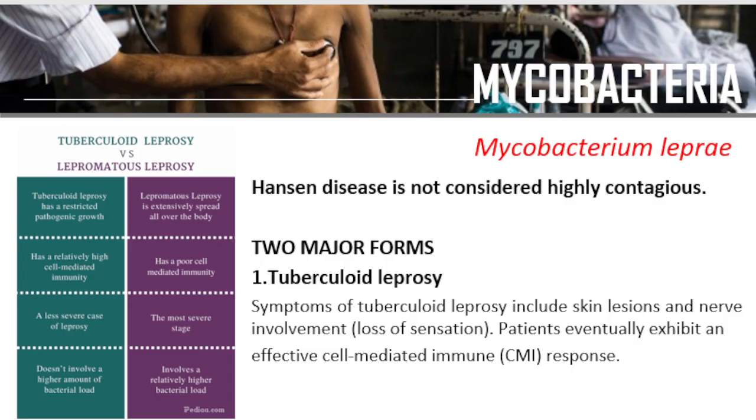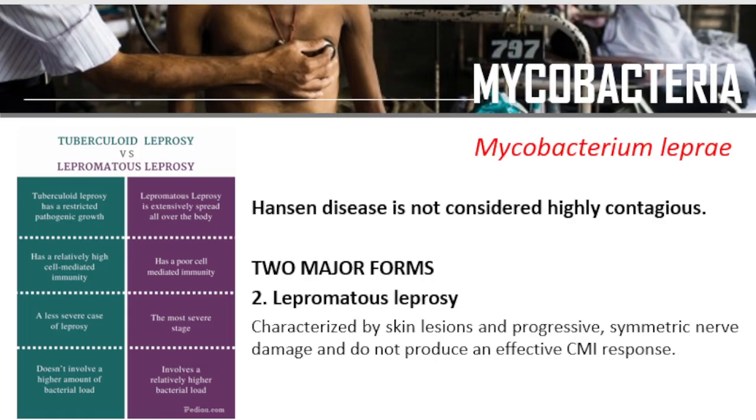All right, but when we say lepromatous leprosy, this is extensively spread all over the body. Okay, it has a poor cell-mediated immunity, so our cells, such as the macrophages and our WBCs, do not function. The most severe stage of leprosy is the lepromatous stage.